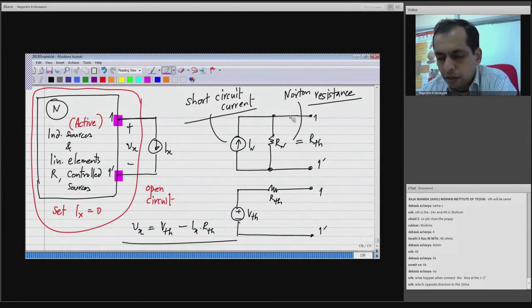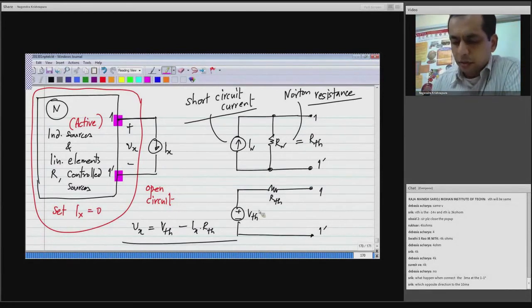And this IN is the short circuit current, that is when you short circuit 1 prime, you will have a current IN, and this VTH is the open circuit voltage, that is if you have an open circuit across 1 then the voltage that appears at 1 is VTH.